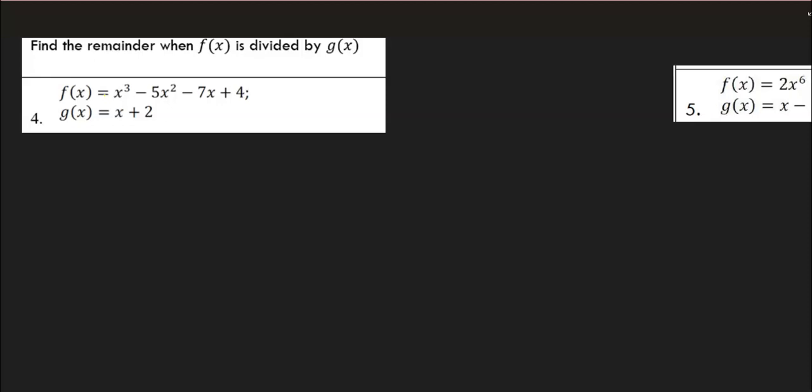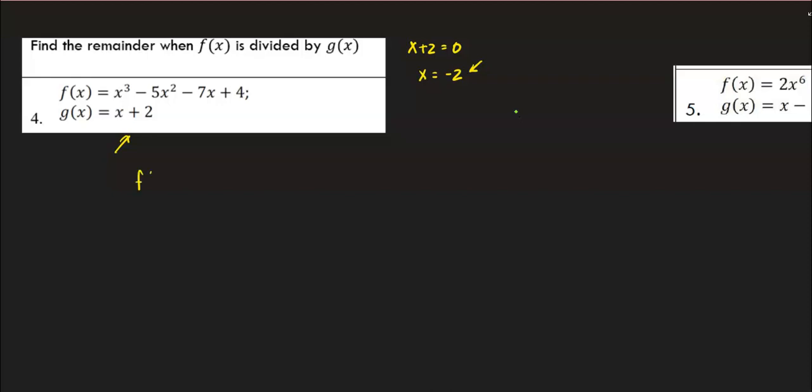The remainder theorem states that that divisor right there, x plus 2, you set it equal to 0 and solve for x. Okay, when I take that number and I put it as an input of the dividend, the output is going to be the remainder.